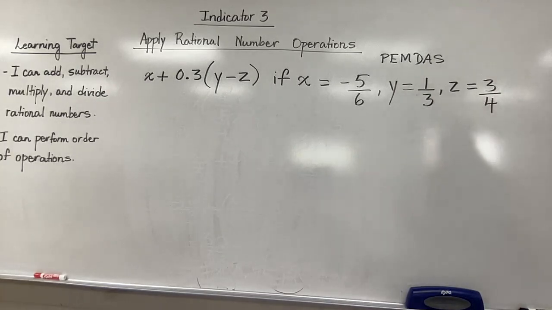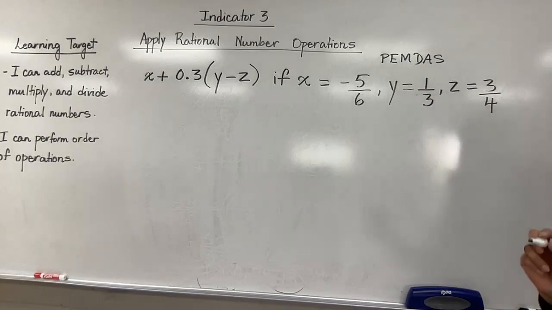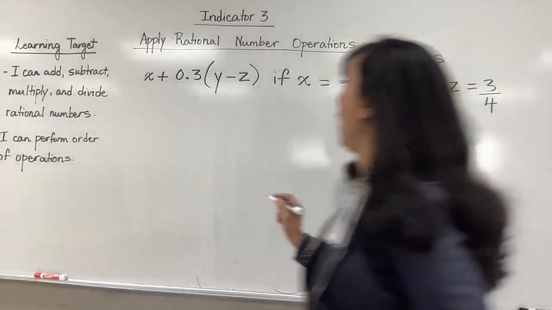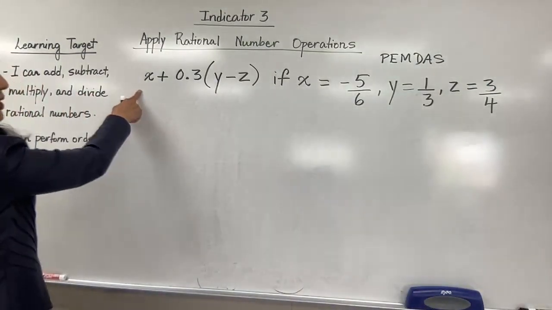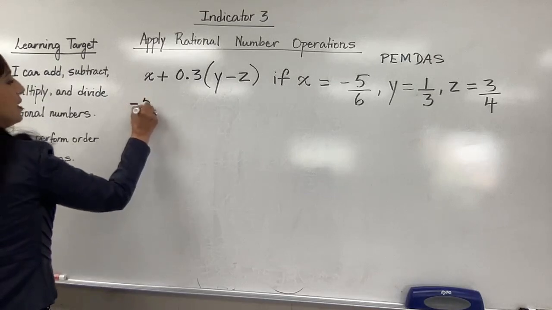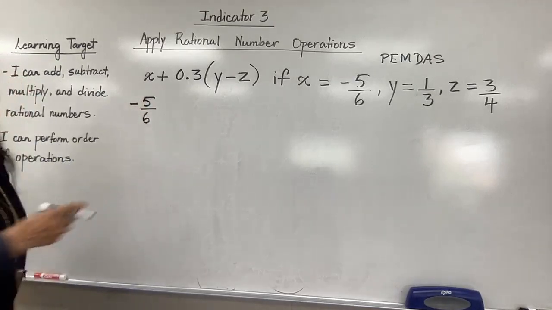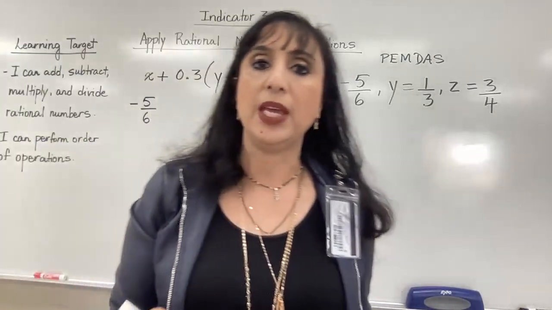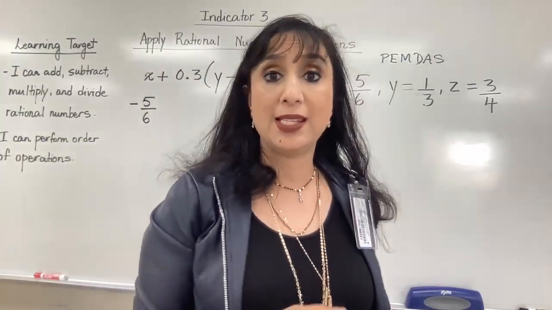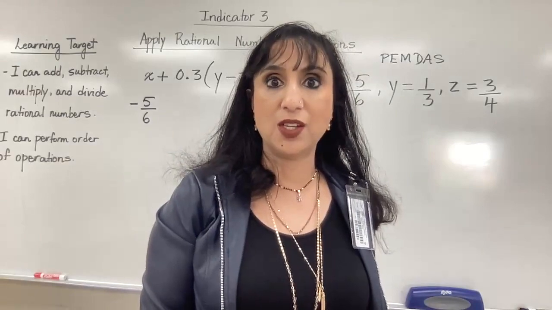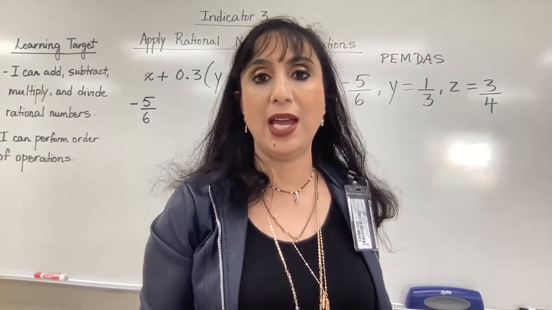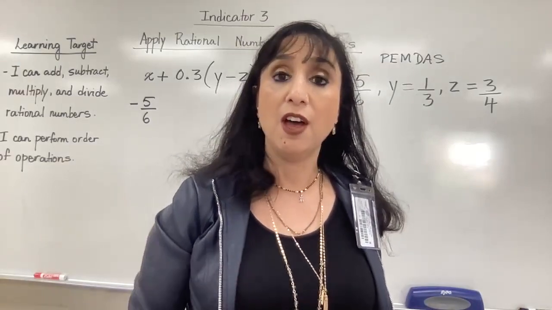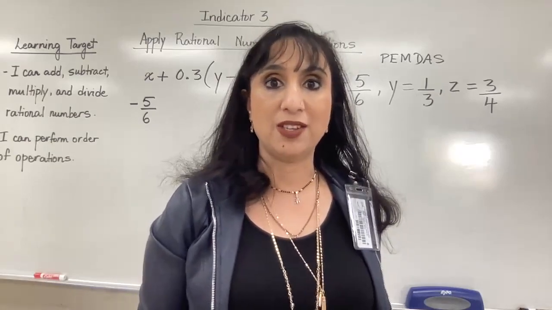All right. So first thing I am going to do again is I am going to substitute the values. So x is what? X is negative 5/6. I choose to write 3/10, which is a decimal, in the same form as the others, which are fractions, because it's going to be easier to compute when I am changing them into the same format. And we have talked about this before.